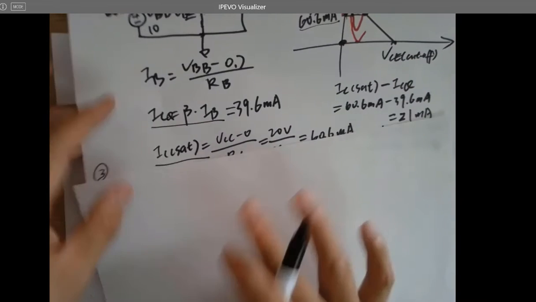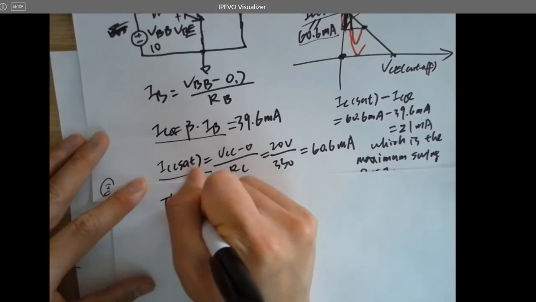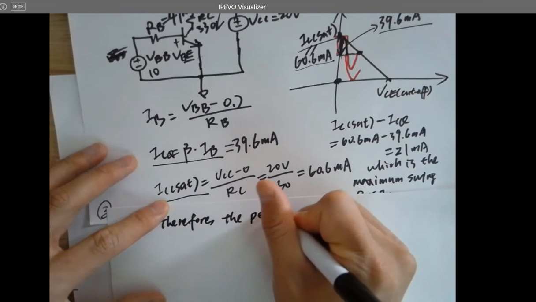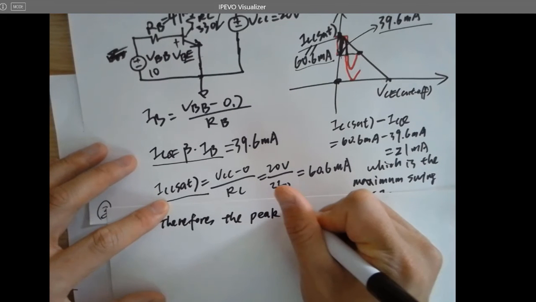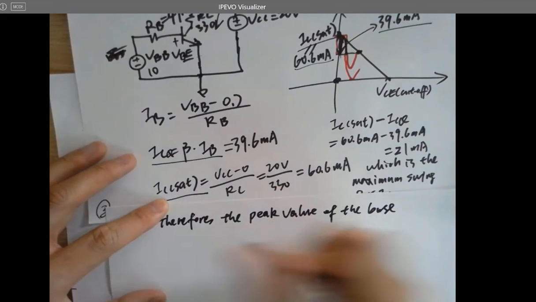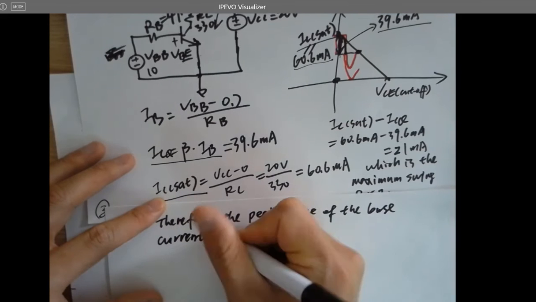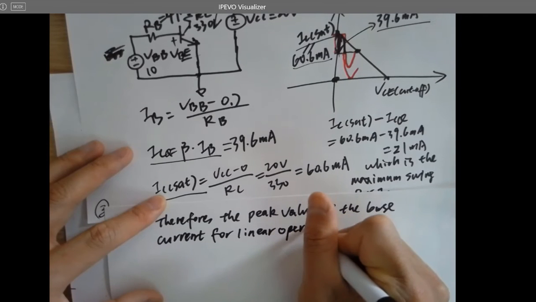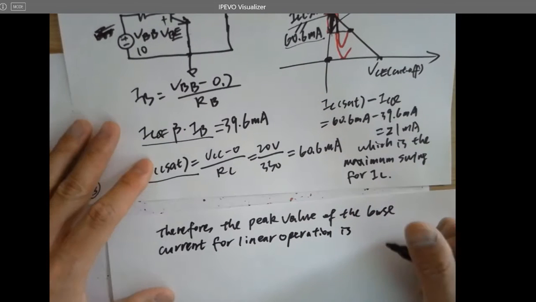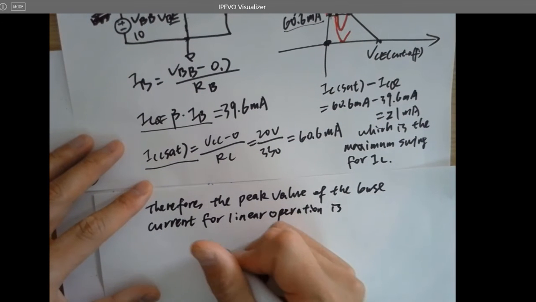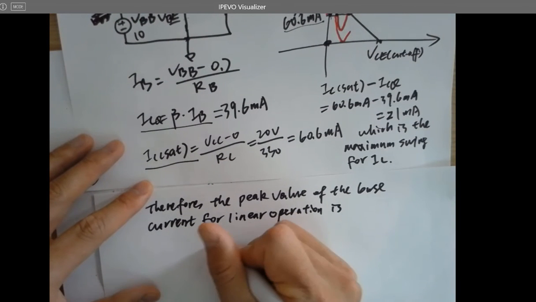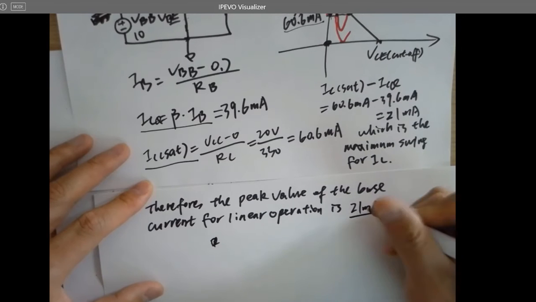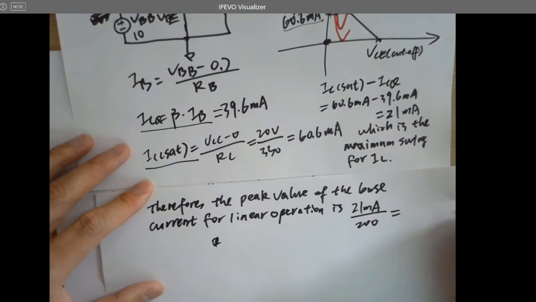So the maximum peak value of the base current for linear case is this one: 21 milliamps over 200, which is beta.